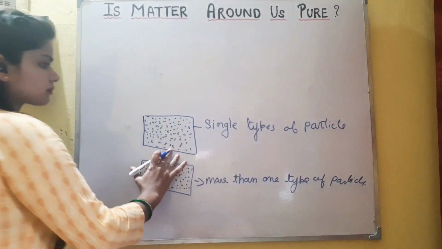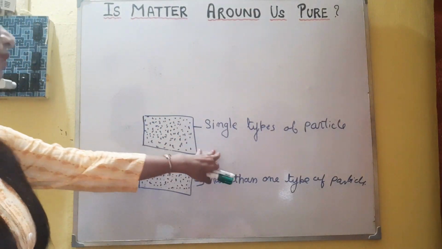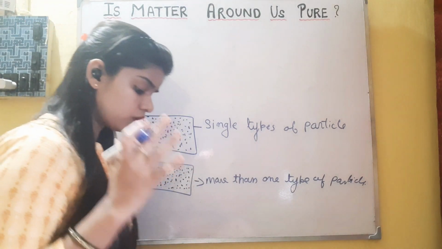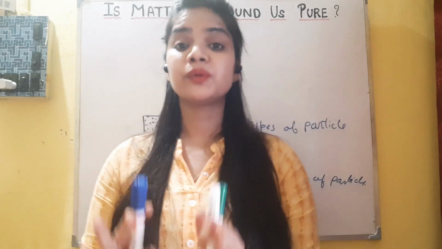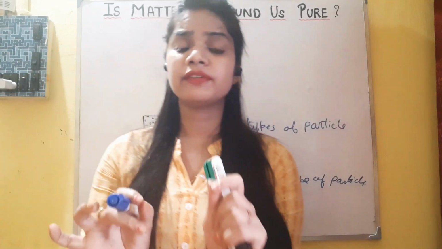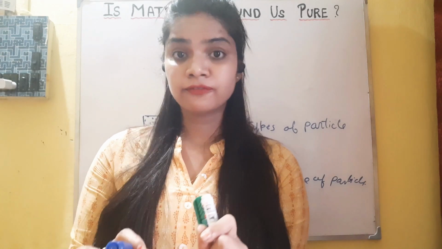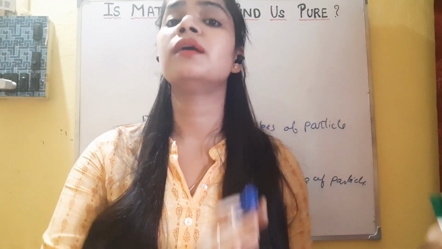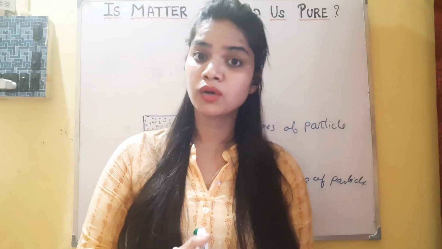So did you understand the actual meaning of purity? According to scientists, purity means the substance or matter whose particles have the same chemical property. If the chemical properties of the particles of a substance are not the same, then it is not a pure substance.